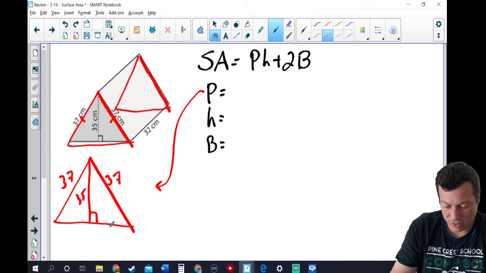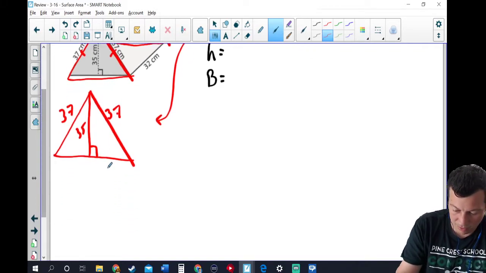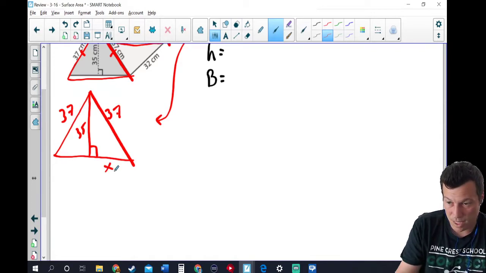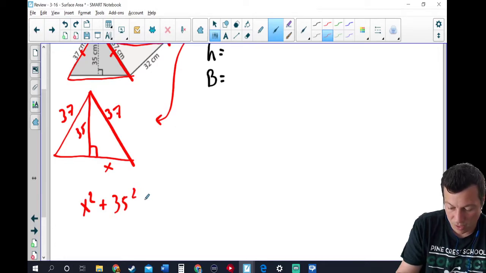So we can look at this and say, that looks like a Pythagorean theorem situation, where I can find this value right here. So x squared plus 35 squared equals 37 squared.